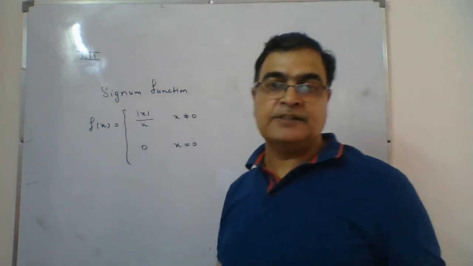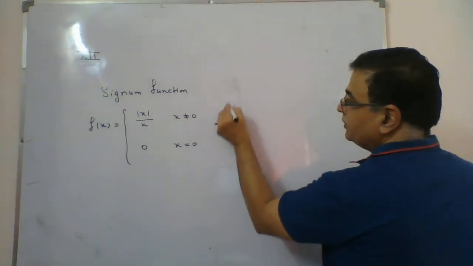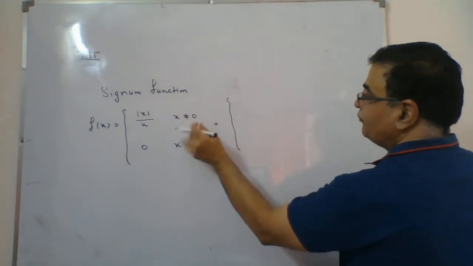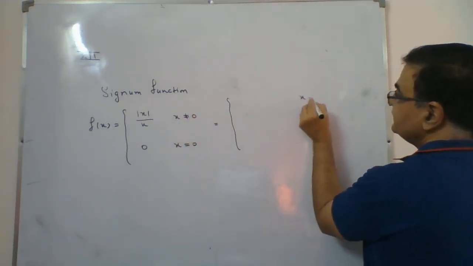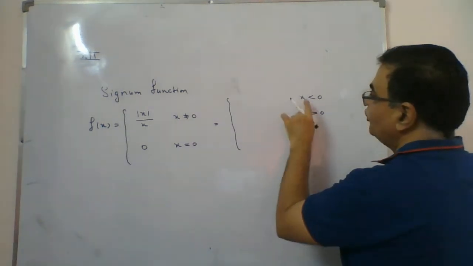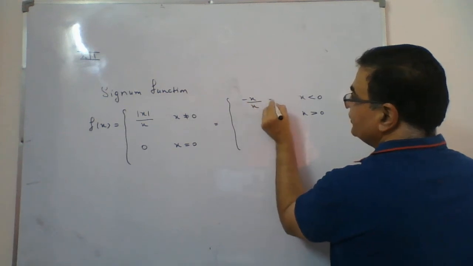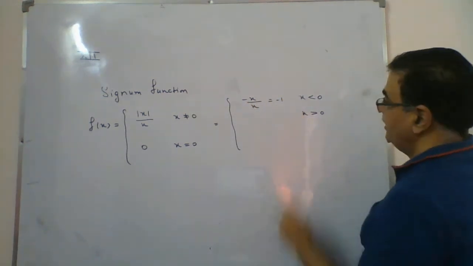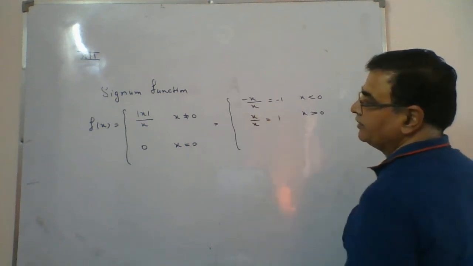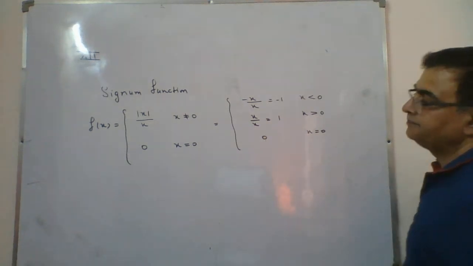Now in the Signum function, as the modulus is here, we should redefine x not 0 as x less than 0 or x greater than 0. When x is less than 0, it comes as minus x by x, which comes out to be -1. When x is greater than 0, it is x by x, which comes out to be 1. And at x equal to 0, it will be 0.